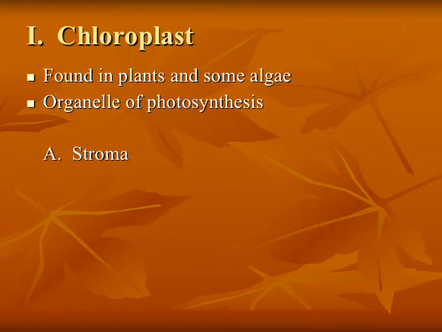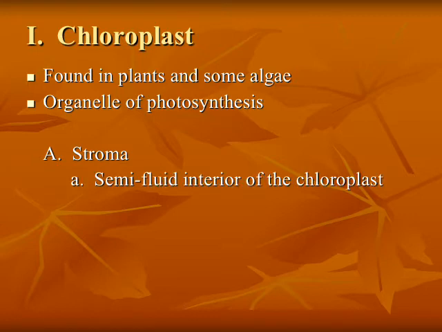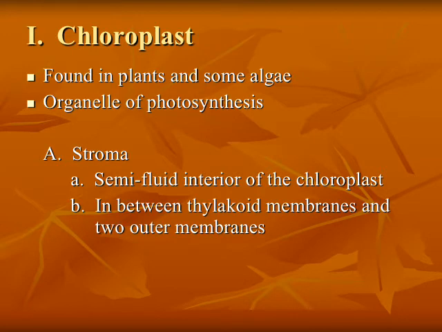The chloroplast can be divided into two parts. The first part is called the stroma. The stroma is the semi-fluid interior of the chloroplast. It is in between something called thylakoid membranes and the two outer membranes of the chloroplast.